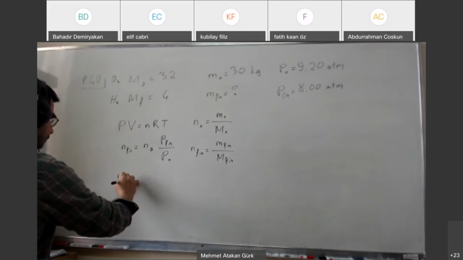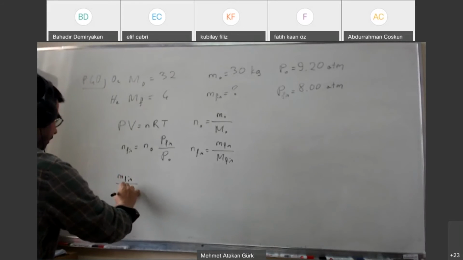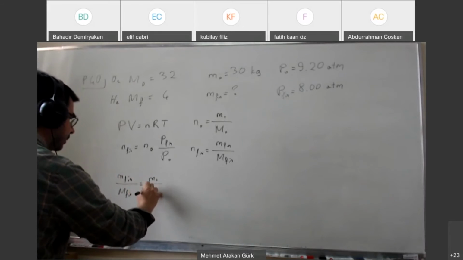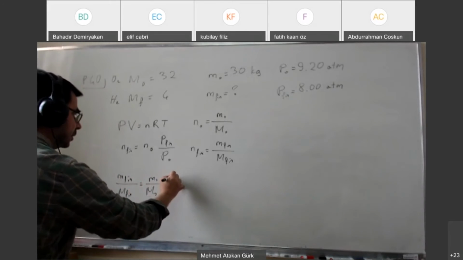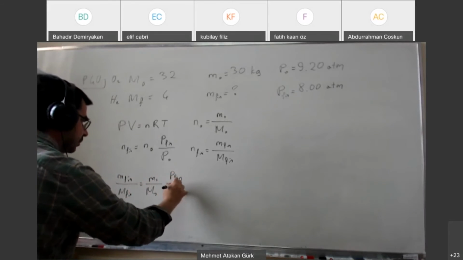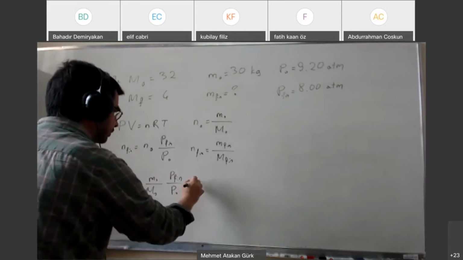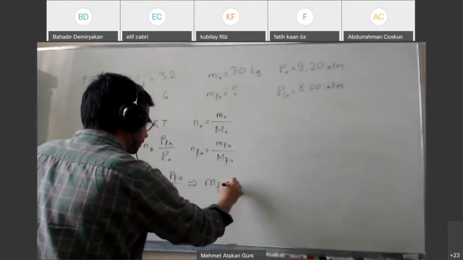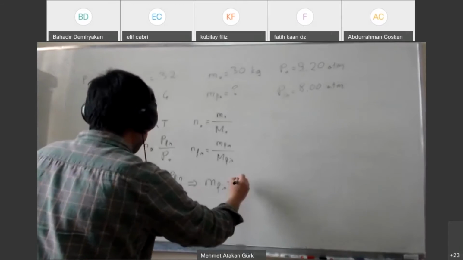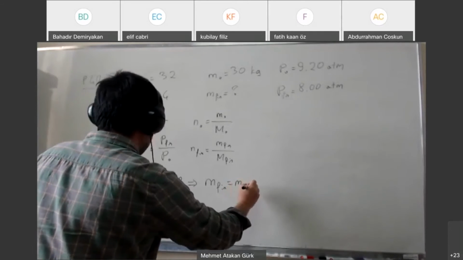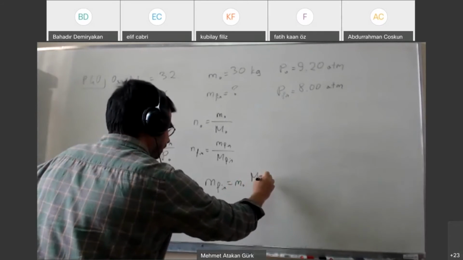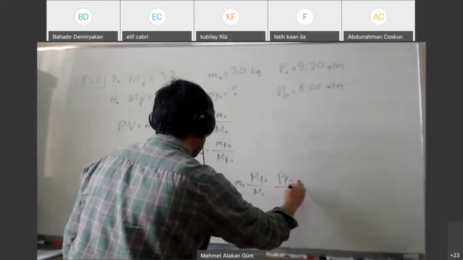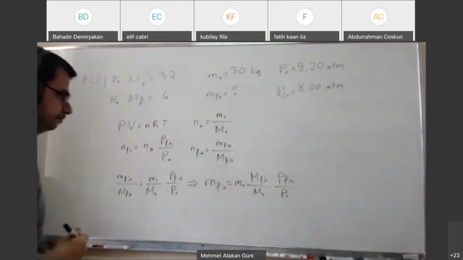So m final over capital M final is going to be m0 over capital M0, times P final over P0, and I can rearrange this. What I'm looking for is small m final. So m final is going to be m0, times capital M final divided by capital M0, times P final divided by P0.